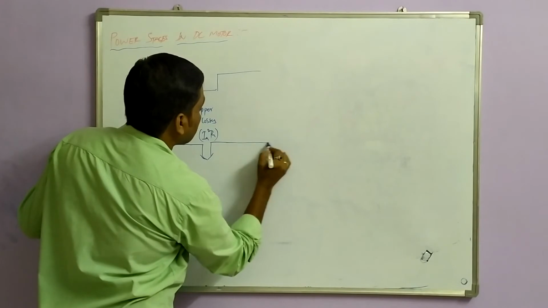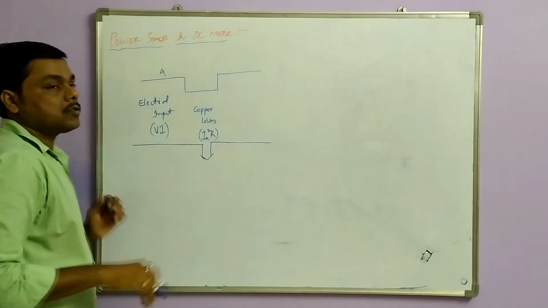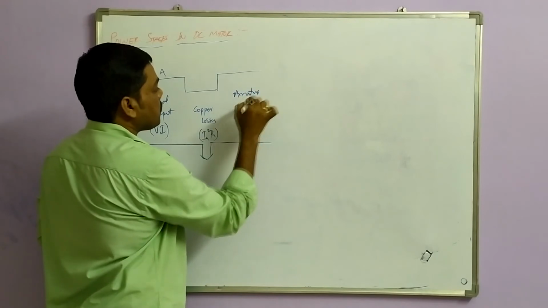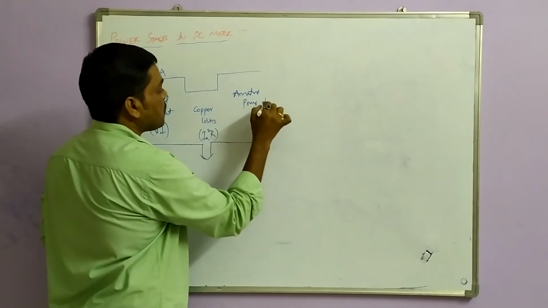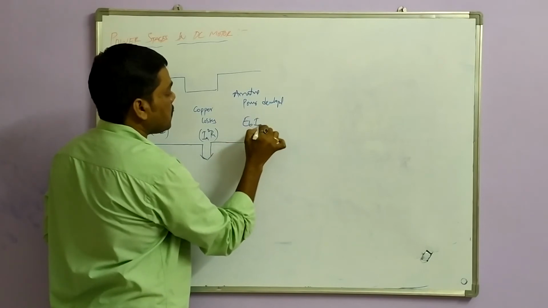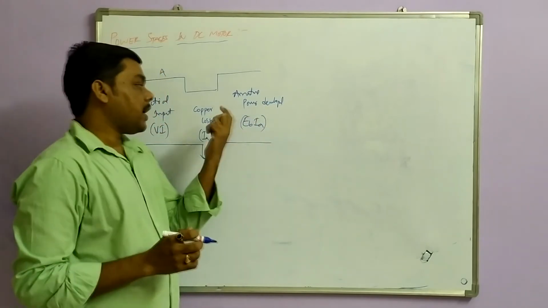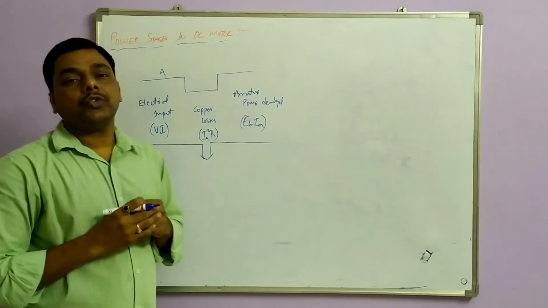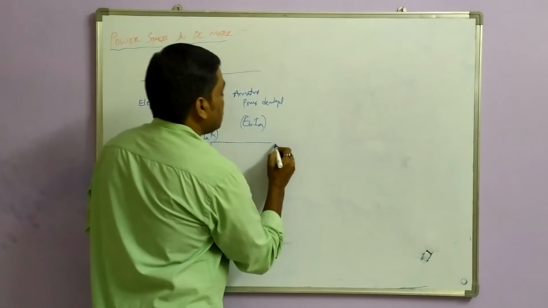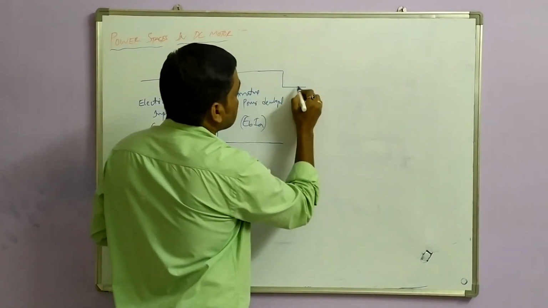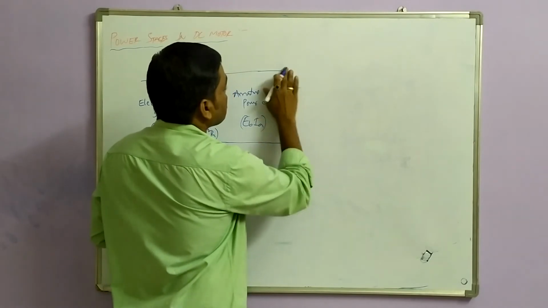Again, if you go for the third stage, now what is the third stage? It is the armature power developed, that is nothing but EbIa. So this is the actual power generated in the armature before going to the shaft. So from this again there is a reduction in losses.